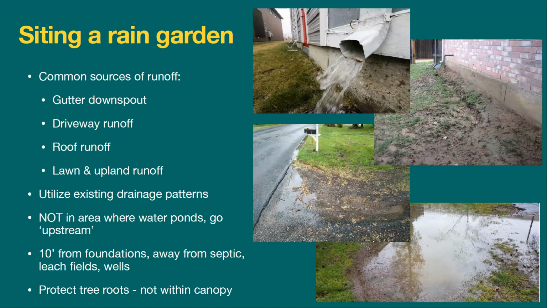So that pre-treatment forebay is great because it's a lot easier to shovel out a little rock-lined basin than a whole big rain garden full of plants. That gets a little bit more tedious and hard to do. So that's one way to do it.